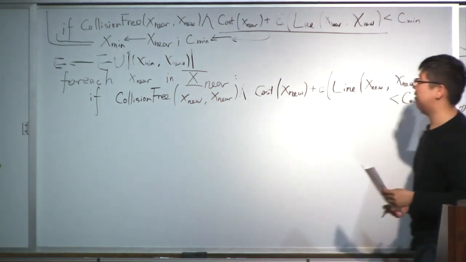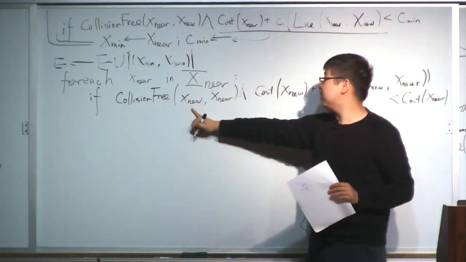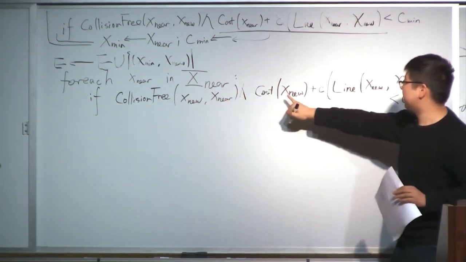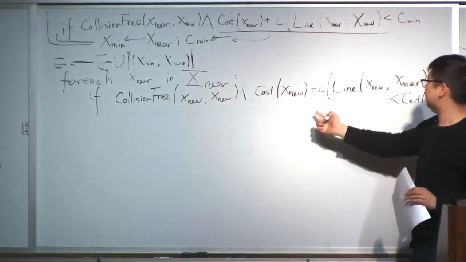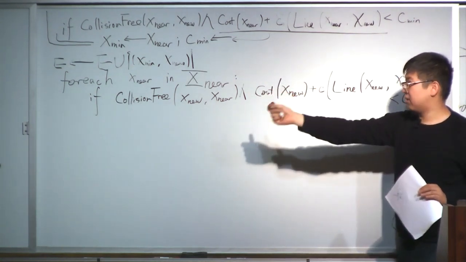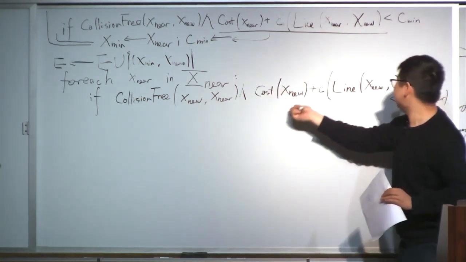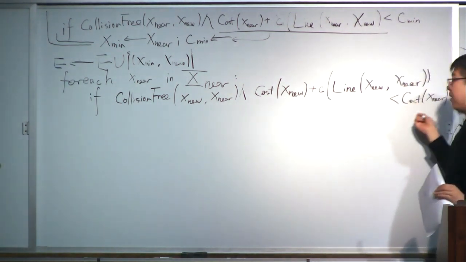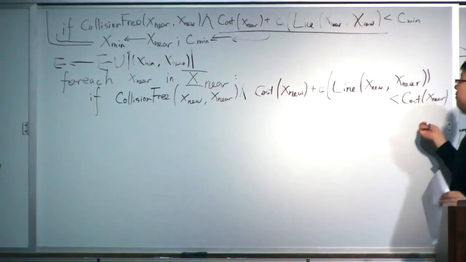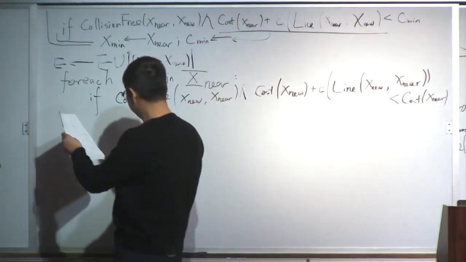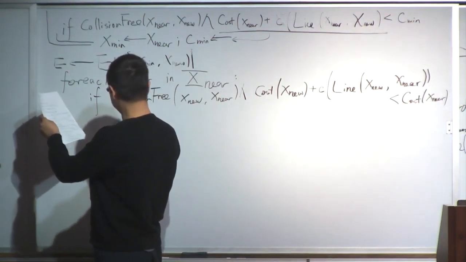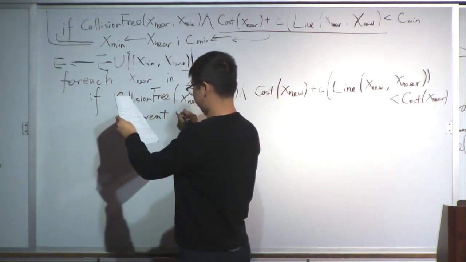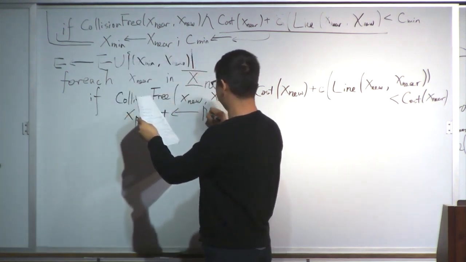So this is saying if starting from x new to x near, some point in the big x near set, the cost starting from some starting state to x new, and x new to x near is smaller than the cost of the original path to x near. Then we want to update something. What do we want to update? We want to find the parent, x parent, which is p.